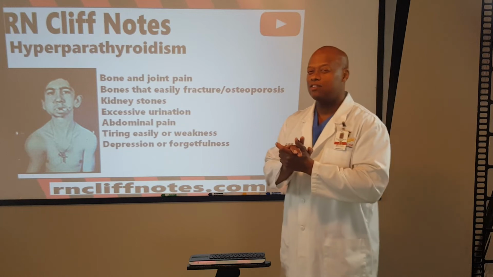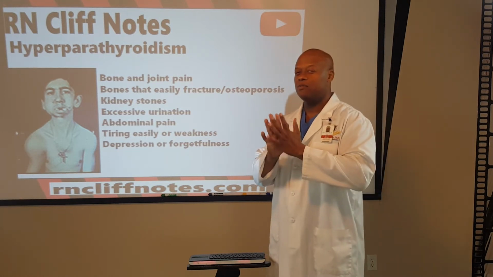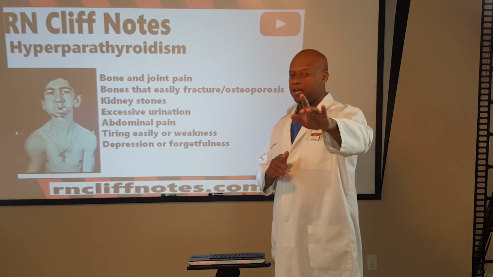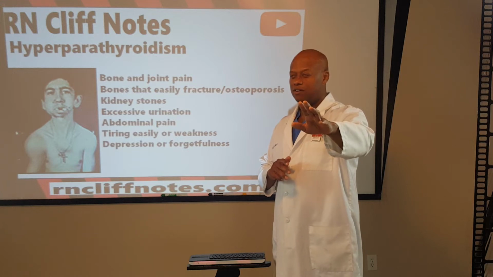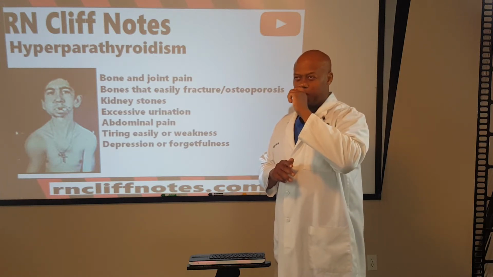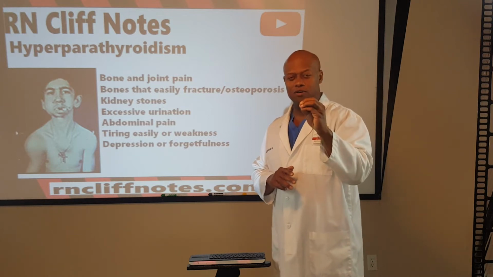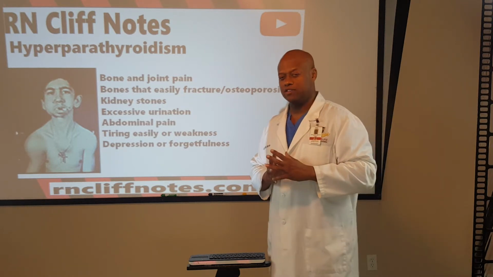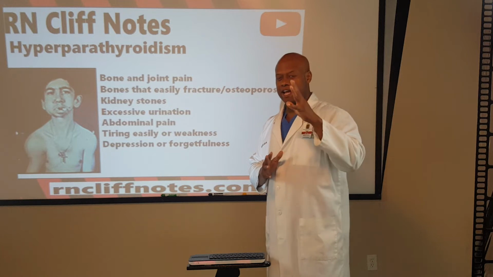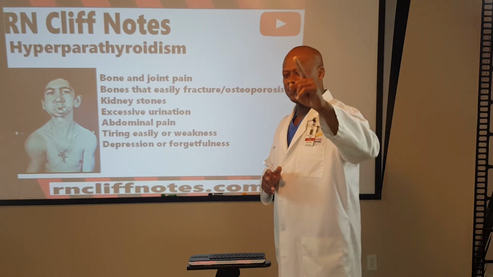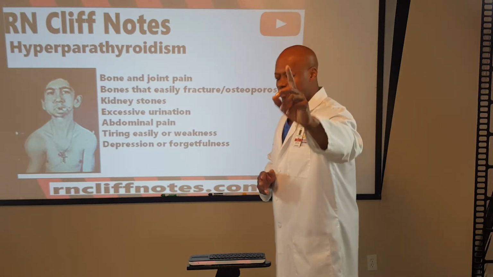Okay. All right, now, we talked about electrolyte man in a previous video. Now, one of the electrolytes had a significant role when it came to brain function. And that electrolyte was, what was it again? Sodium.